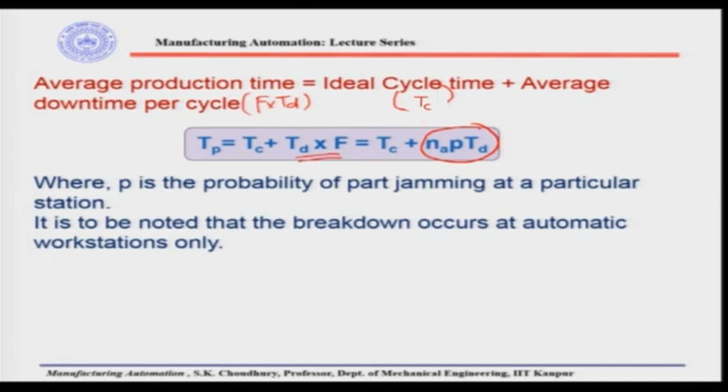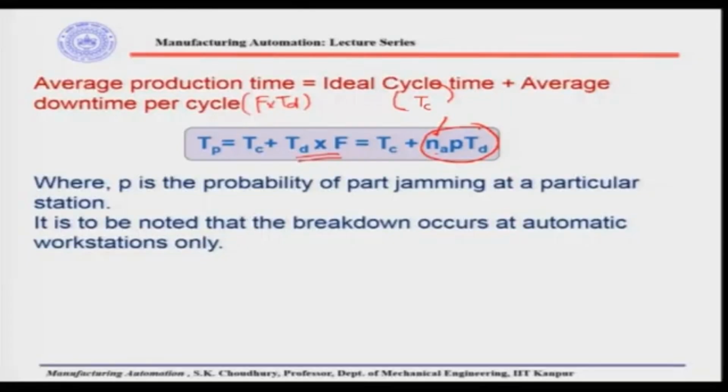Na, we have seen, is the number of automatic workstations in the line. Small p is the probability of part jamming at a particular station. Since these are automatic machines, those machines can have breakdowns by jamming of the parts. The parts may jam in the automatic workstation, whereas it may not happen in the manual workstations.